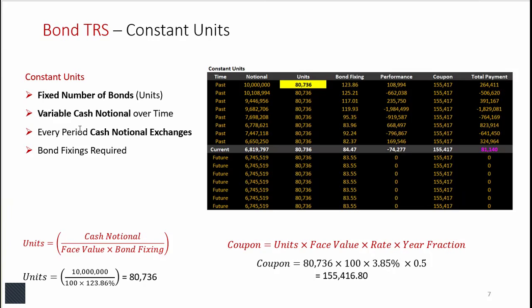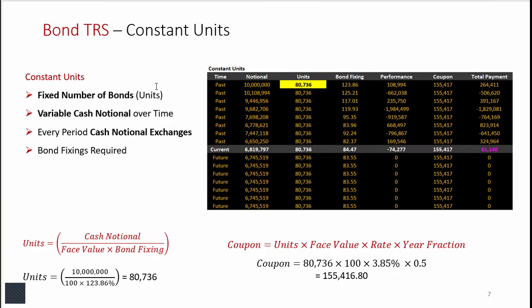Every period when you select constant units will potentially have a cash notional exchange, and bond price fixings are required. You see the fixings here. To work out the notional, you need to know the bond price for that time period. So you do units times the bond price fixing for that period, in percent, times 100. You can see an example calculation down here if you reverse engineer this.